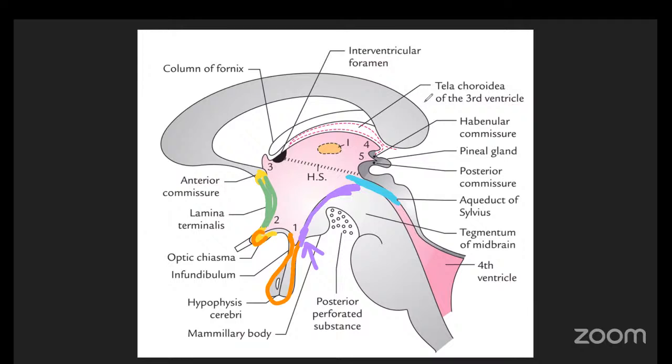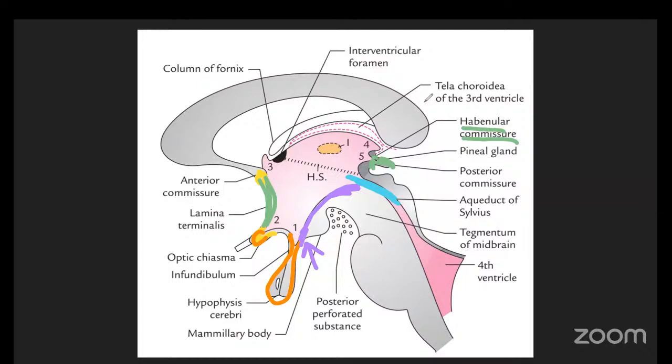Let's start right from the top. So on the top, we have the habenular commissure here. Then we have a posterior projection, which is called the pineal gland. Then we have the posterior commissure somewhere around here. And this makes up the posterior wall. Anterior wall and the posterior wall, they're easy.